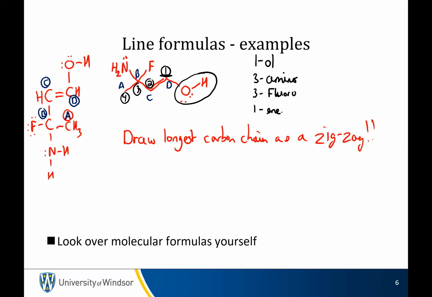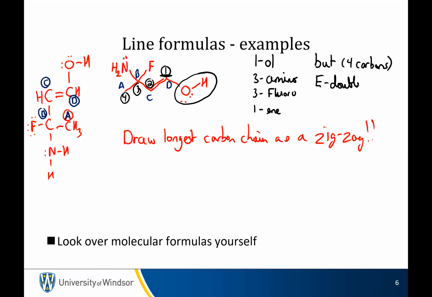The molecule has 4 carbons, so that's a but-. And the geometry of the double bond, and we're going to come to this later, I'm going to just basically say that this is an E double bond.